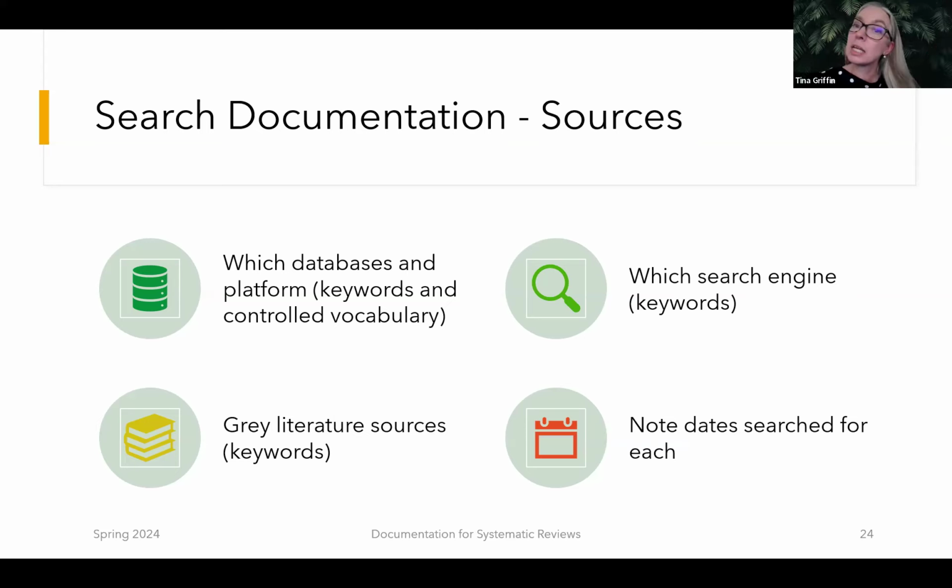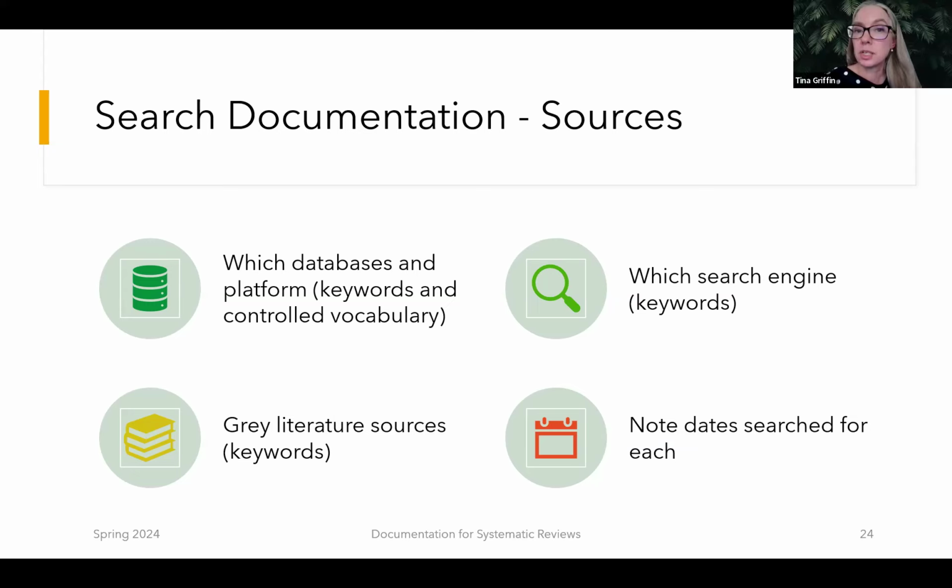And they might be using a different platform to search PsycInfo, for example, EBSCO or someone else, right? So they might be searching off a different platform. And when you do that, that search will actually be fundamentally different, because the retrieval will be different, the type of results that you get will be different. So it's important to document both the database and the platform that you are searching.